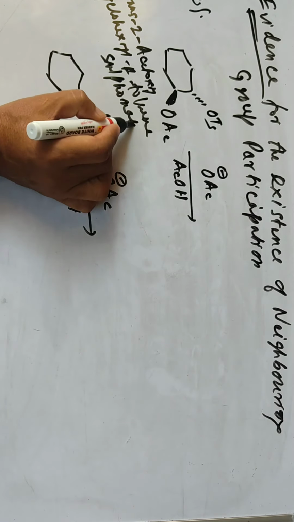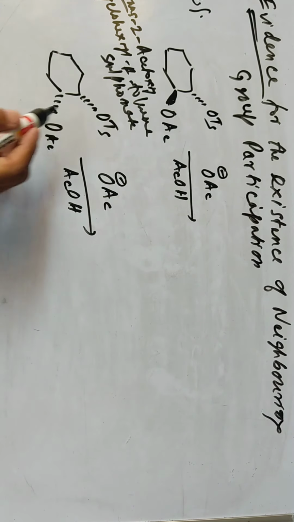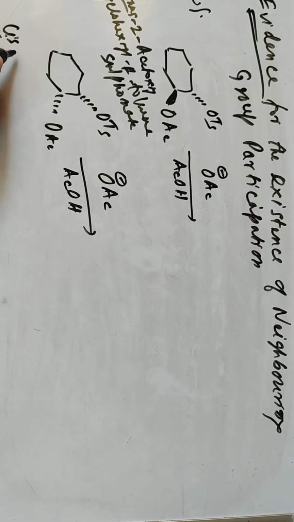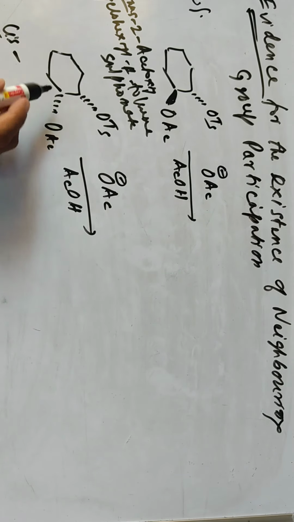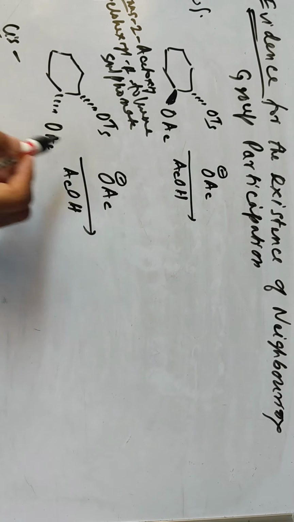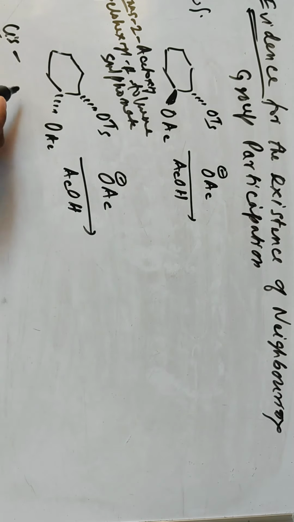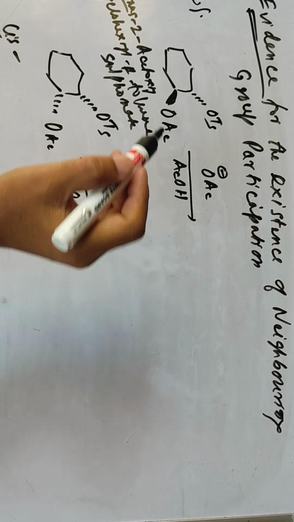Okay, this is the trans system. Here is cis. So now you can say the cis isomer, cis-2-acetoxycyclohexyl para-toluenesulfonate. OTs is there, so this is cis. Okay, when solvolysis or acetolysis takes place, this trans will give trans.